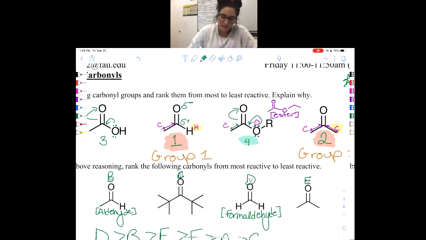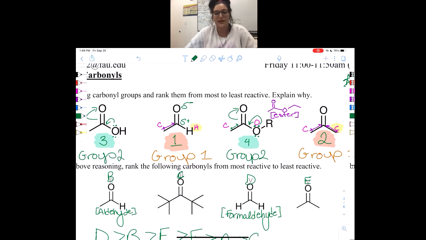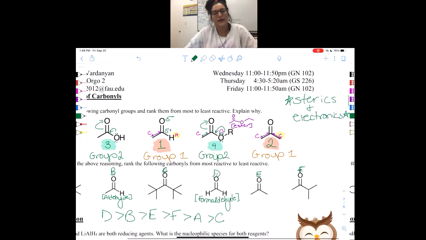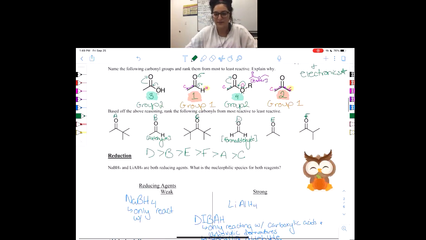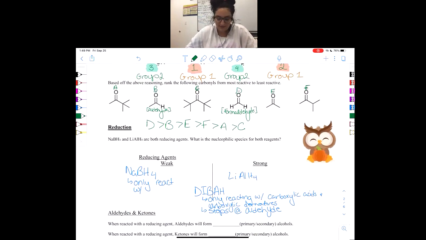And the carboxylic acids and derivatives, we're going to call them group 2. The reason for that is group 1 is more reactive and group 2 is less reactive, and group 2 also has oxygen. So that's the difference.